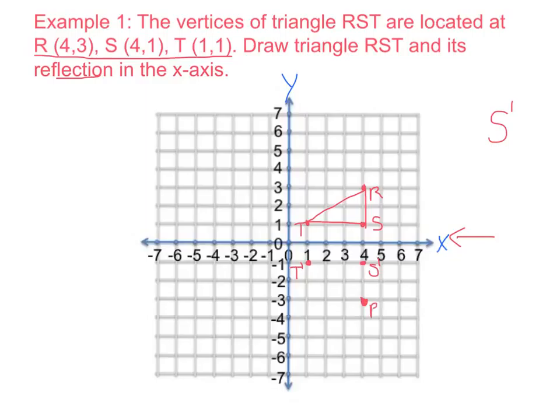And now I have R prime. Draw in my triangle. And now you can see that I have the exact same triangle except it's reflected across the x-axis. And it's the same distance from the x-axis, both the bottom triangle and the top triangle.